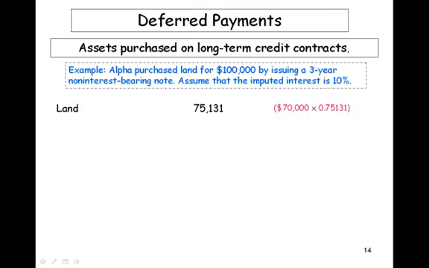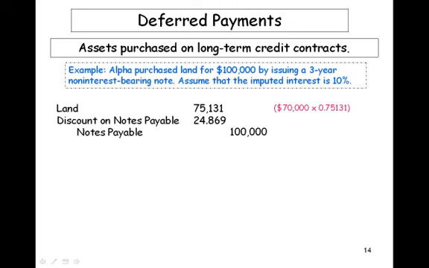You'll recall that we used Table 2 to compute the present value, which estimates the fair value of the land. The difference between the $100,000 note and the amount recorded for the land is the future interest expense. The discount is a contra account to notes payable.